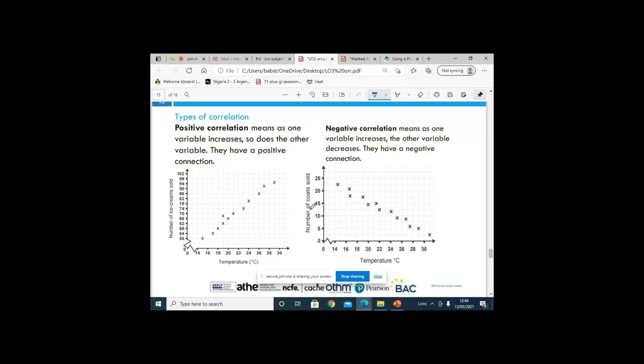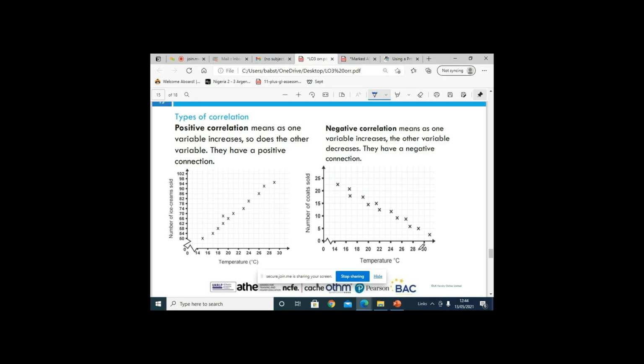Look at this one too. As temperature increases, the number of coats, the jackets you wear when it's too cold, will decrease. That's a negative correlation. Another example of negative correlation: if you keep your food on the table, as days pass, the quality of the food will go down, because it's going to start getting spoiled.